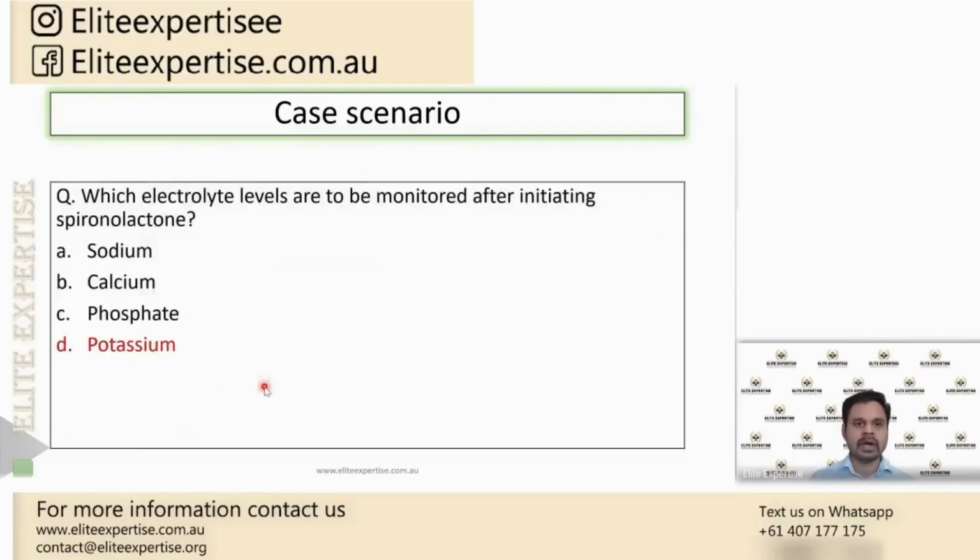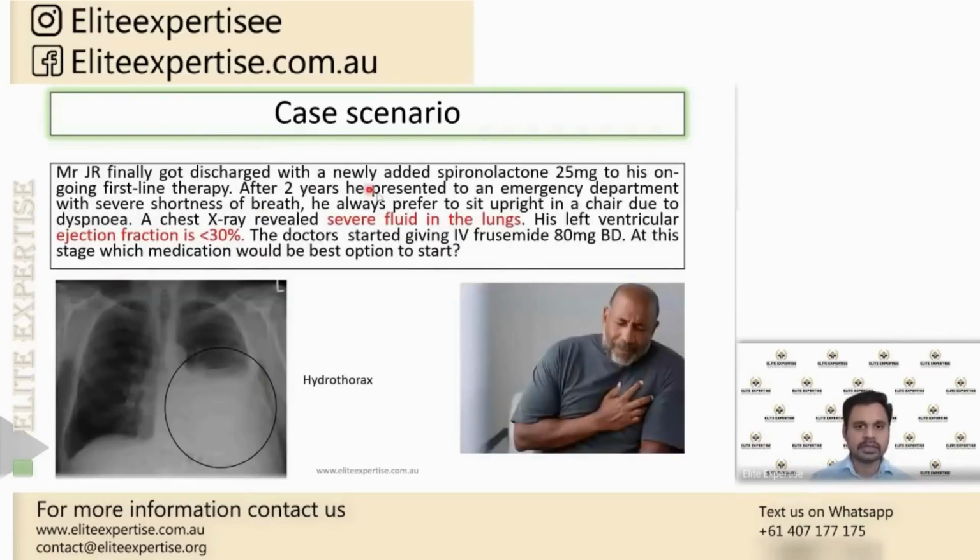So after adding the spironolactone, after 2 years, he presented to the emergency department with severe shortness of breath. He always prefers to sit upright in a chair. What happens with heart failure patients is that once they lie on the bed, they can't breathe properly. They will develop shortness of breath.